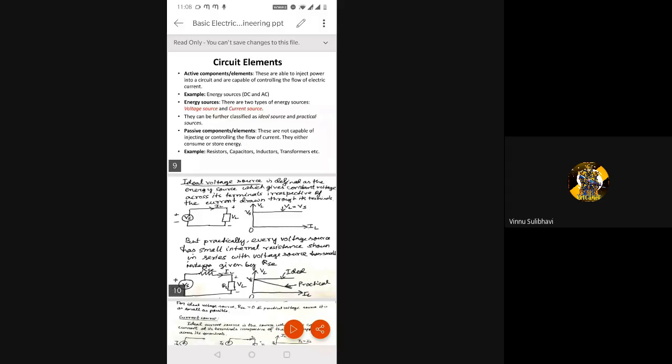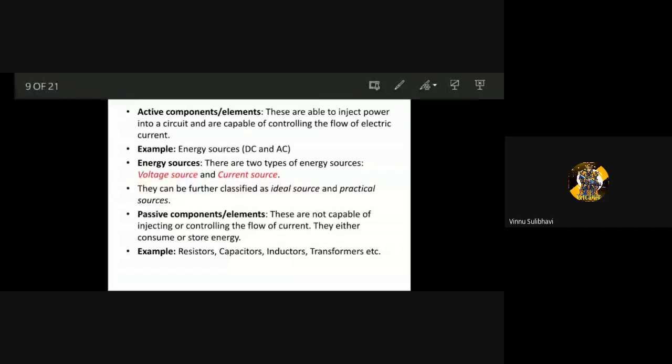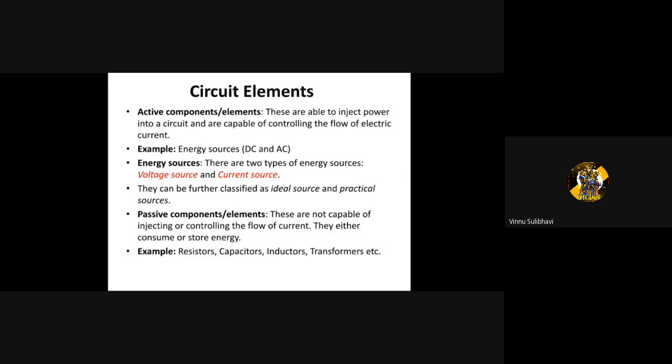In a circuit, we will see the resistances that we have studied connected in series or parallel. Along with that, there is always an active component or element, which is the voltage source or a current source.